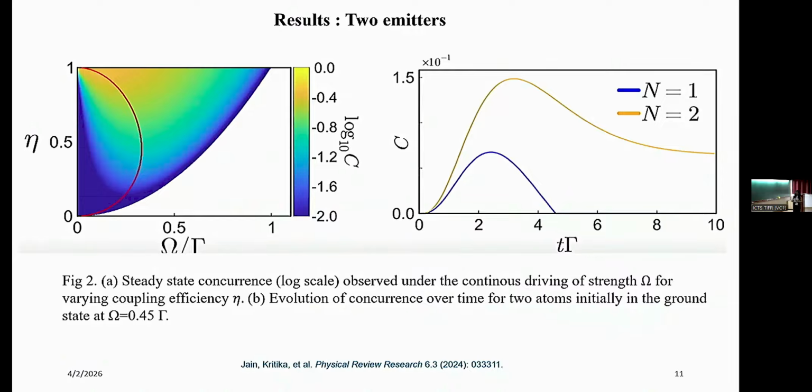Which I'm showing here as a transient concurrence. So this blue curve shows N, the number of fibers here. So for one fiber, there is a sudden death of entanglement in finite time, while for two fibers, the transient entanglement has a peak, and it also persists for a longer time.